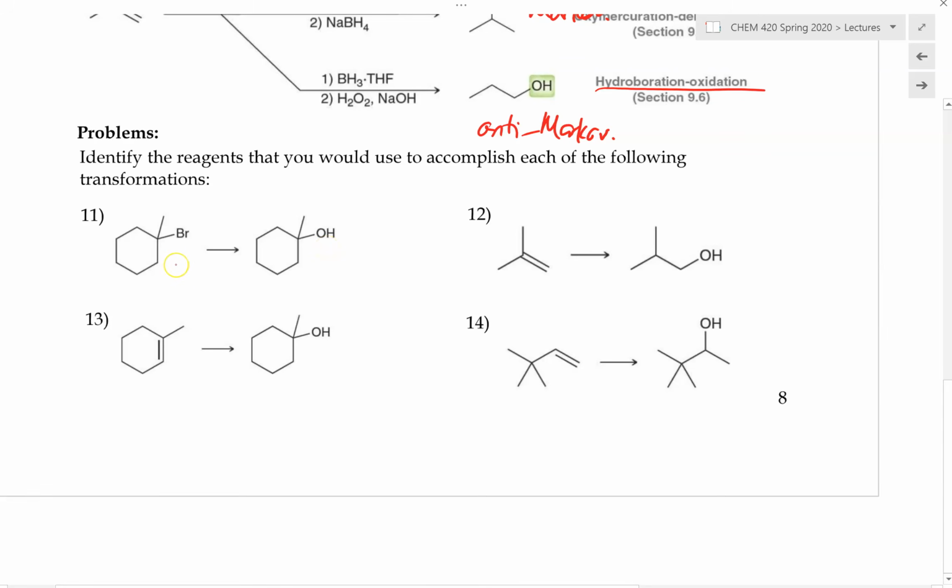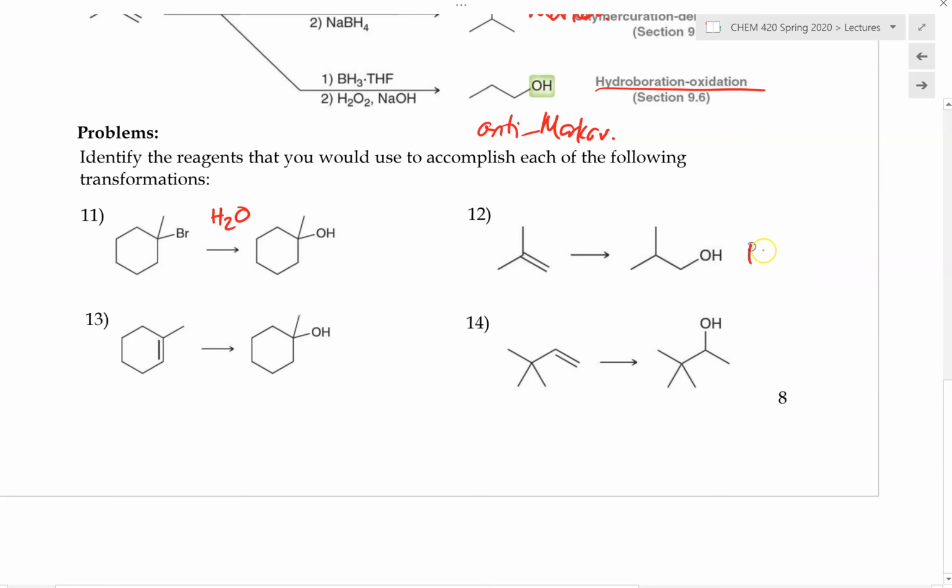So what reagent will we have to use here? In this case, we have a tertiary substrate converting into the tertiary alcohol. So we have to use an SN1 reaction, and that can be done with water. As for this reaction, to change this alkene into our alcohol, we now have a primary alcohol.